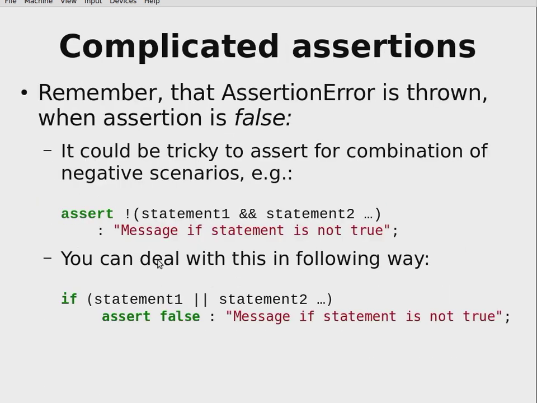And then in your practical exercise you will see that sometimes your business requirements are written in a way that you need to assert for bad cases. But in Java you have to assert for good cases.